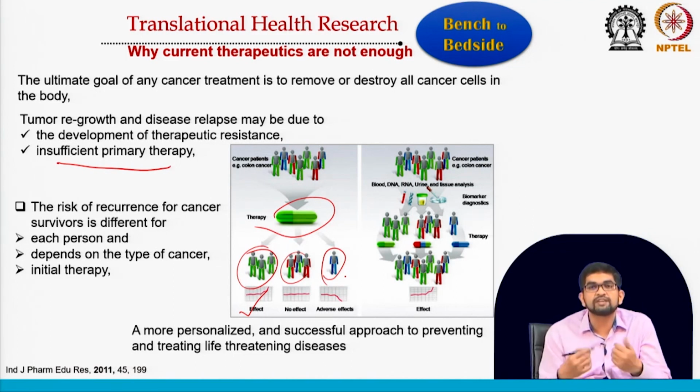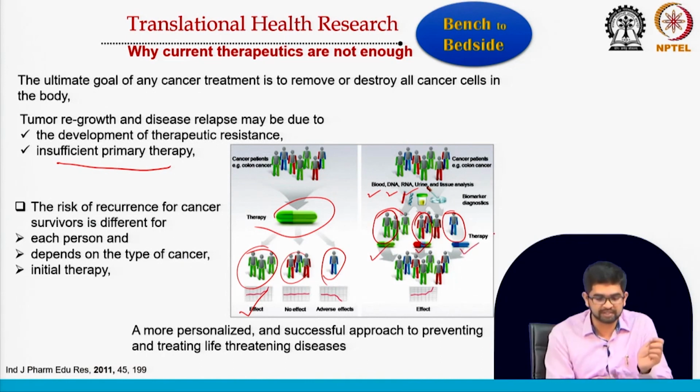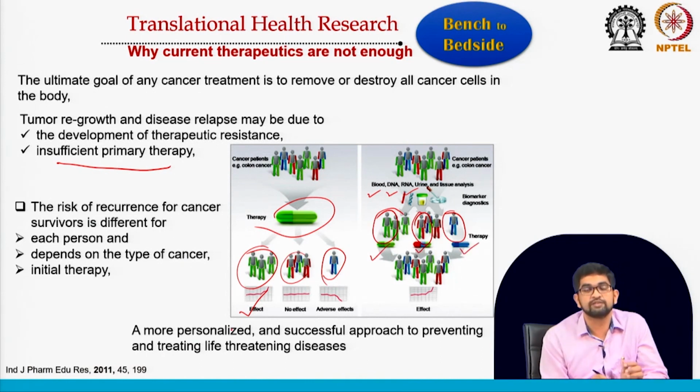You can go for further study: blood, DNA, RNA testing. Then we can divide the people into certain groups, and apply a certain therapy to each group. So, we can develop it more personalized, and this approach can be more successful.